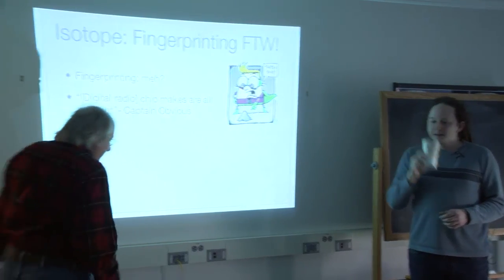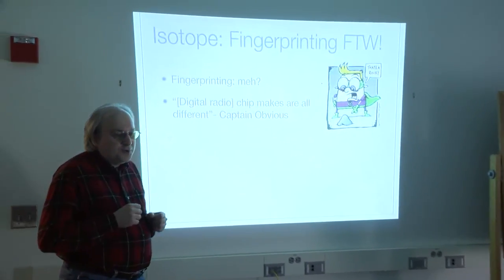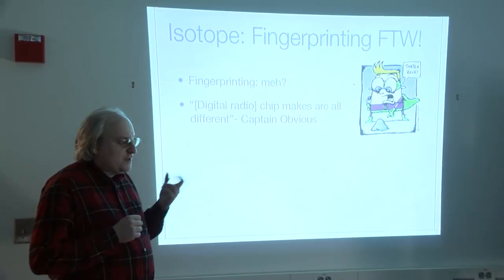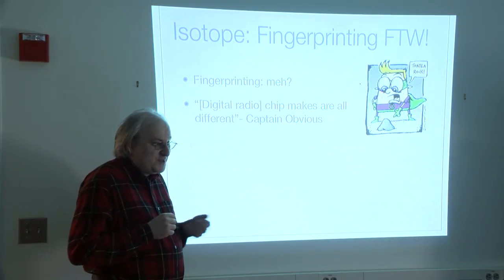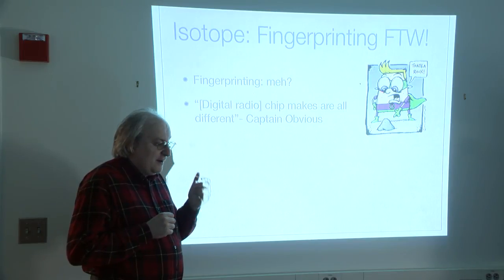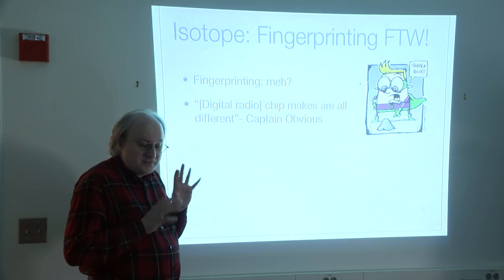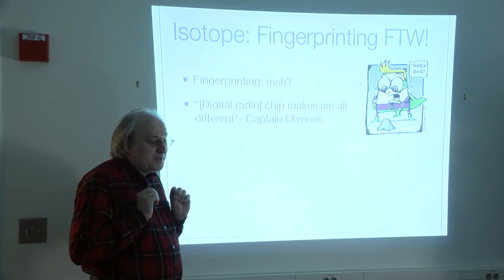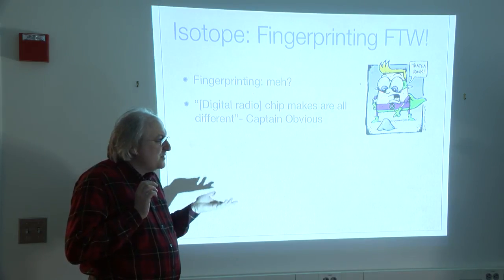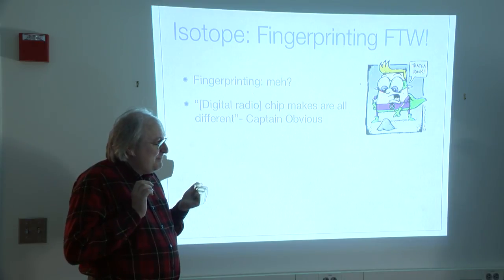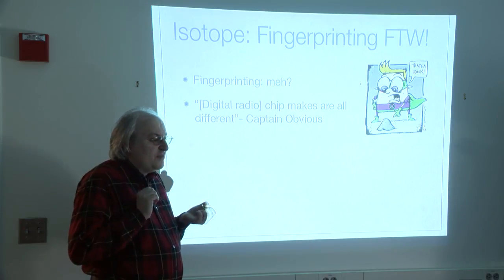Isotope, well, as the story goes, when we met, I was trying to convince Travis to do some fingerprinting of receivers. And I count it as one of my few accomplishments that I actually managed to convince Travis, because he was like, fingerprinting, who needs that? I mean, there is a ton of work in that.